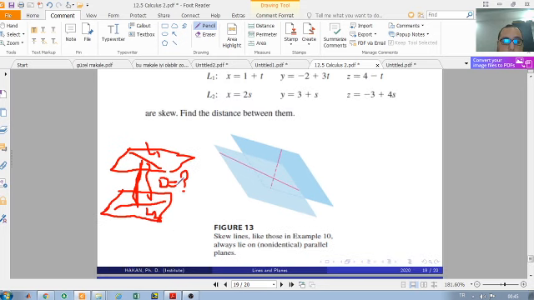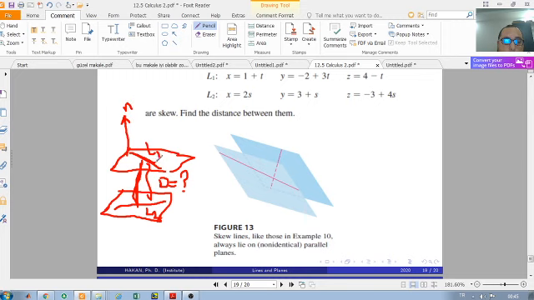So by taking the cross product of the direction vectors of L1 and L2, we get a vector that is perpendicular to the direction vectors of the lines. Therefore, it will be a normal vector of these planes.